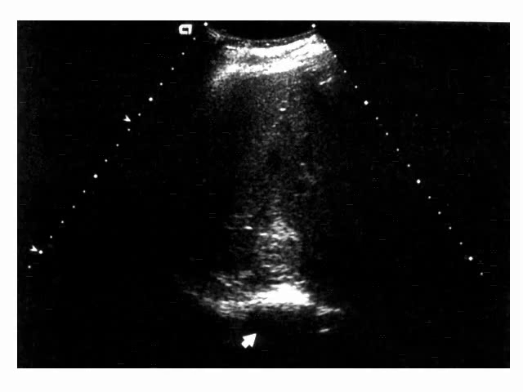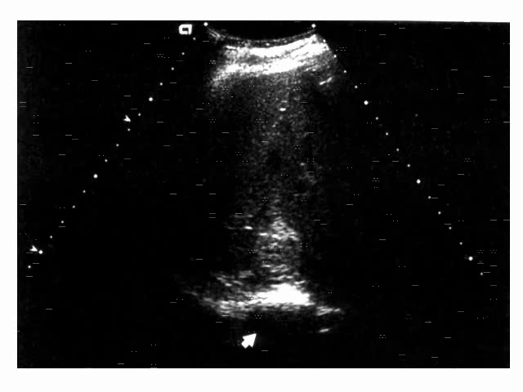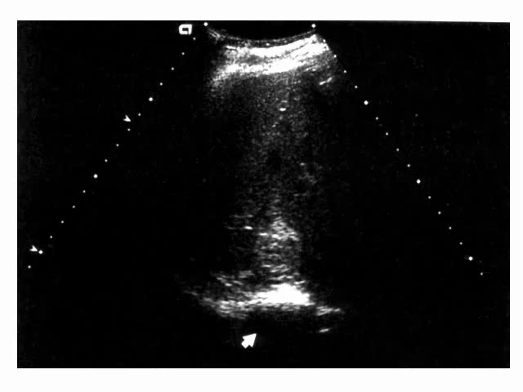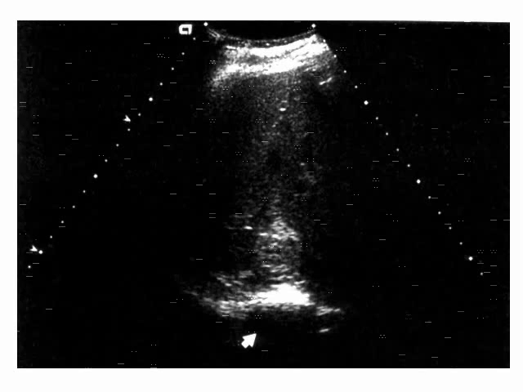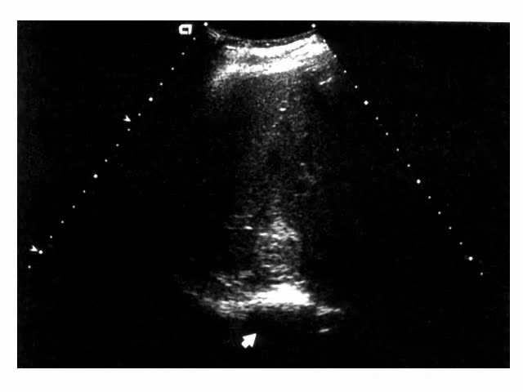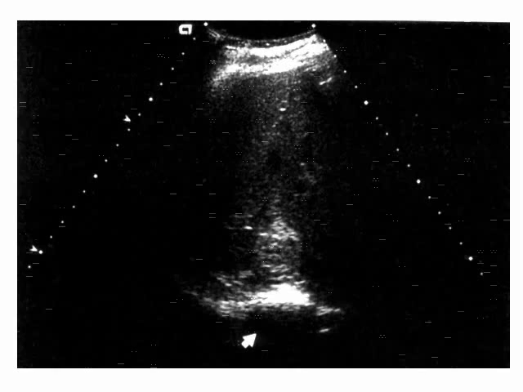This is an artifact of the propagation speed. Behind this nodule there is a change in the shape of the diaphragm. That is not because there is anything abnormal there. It's because this structure has a faster velocity and the diaphragm appears curved.